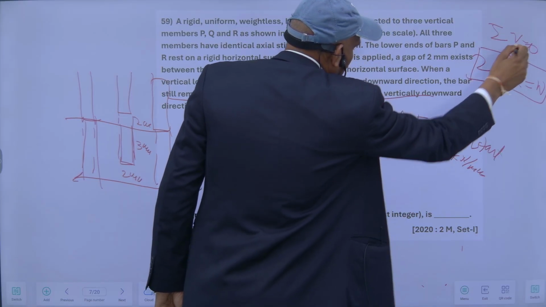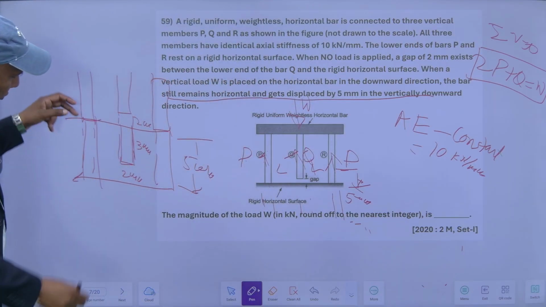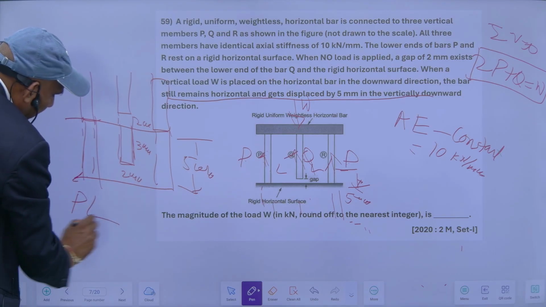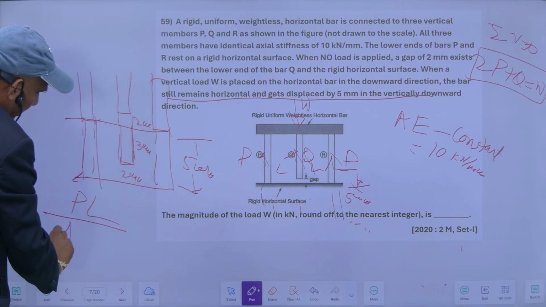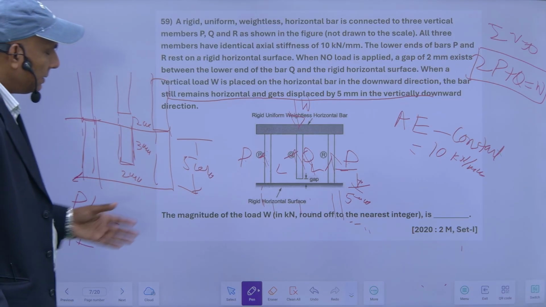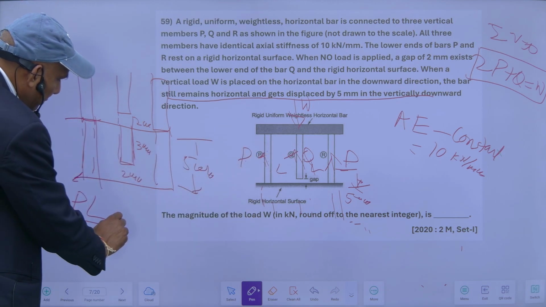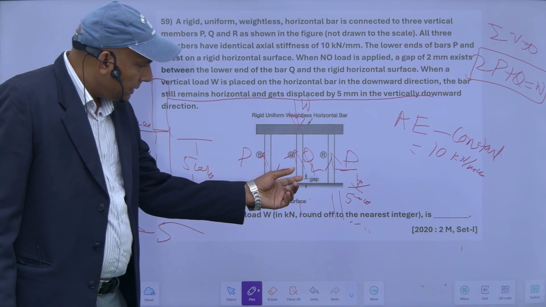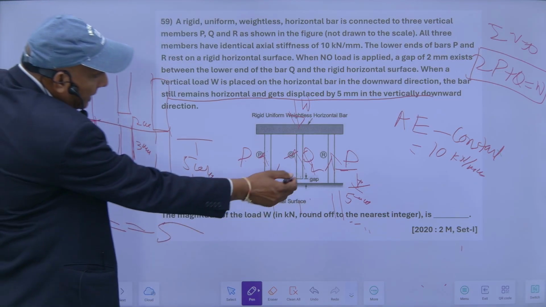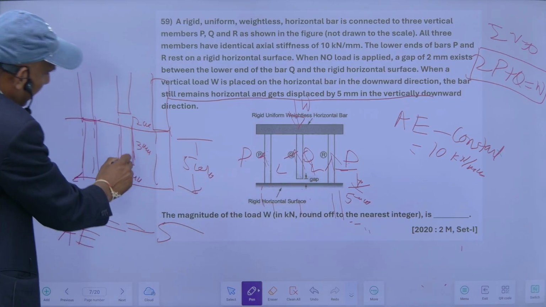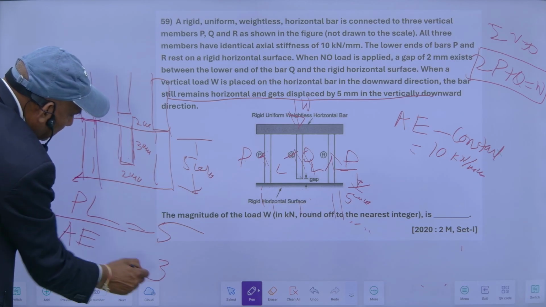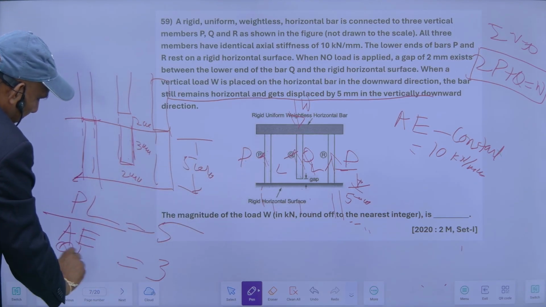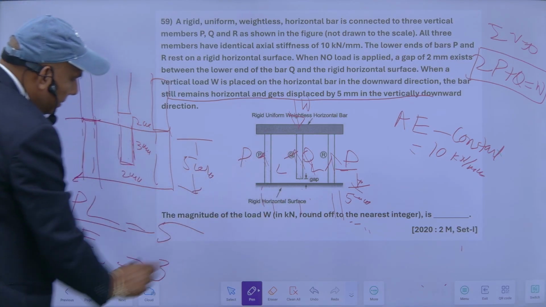This is the one equation, and in this case the axial deformation will be the force in this member P into length of this member L upon A into E. So this displacement PL upon AE is equal to 5 mm, and secondly, the displacement in this case is 5 minus 2, so it is 3 mm, and this 3 will be equal to the force in this member, this is Q, into length of this member upon AE.